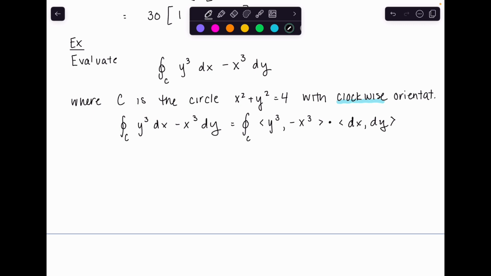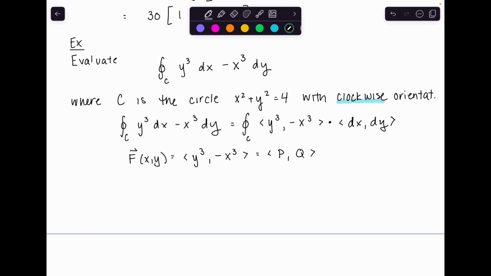So I don't need to say this is F dot dr. Instead, immediately just say, okay, my vector field F is then y cubed, negative x cubed. Okay. So the first component is P, the second component is Q.